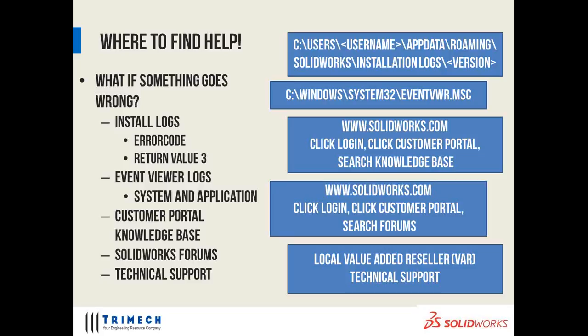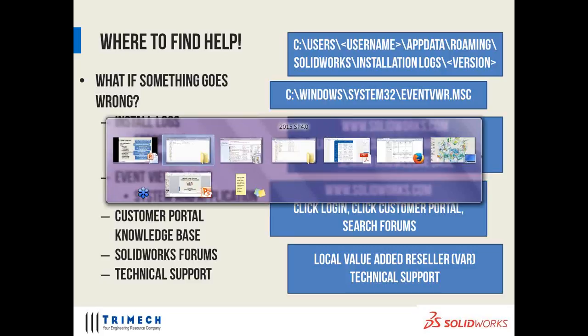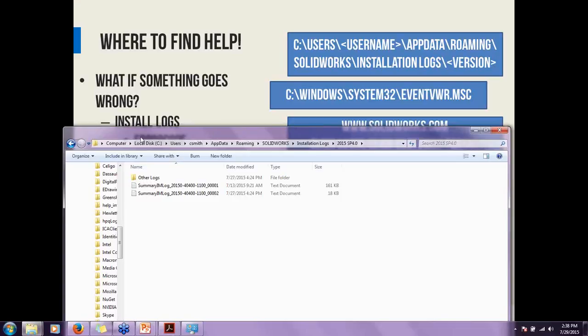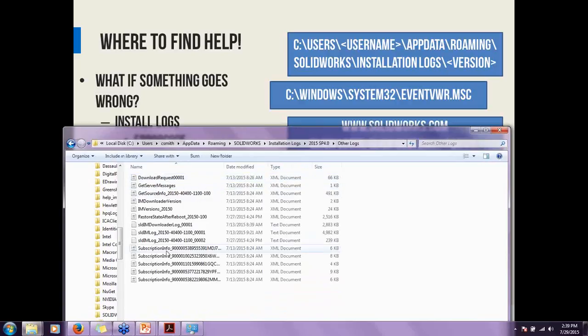So for example, if I did an installation and I had some problems, I would want to go to C users, my user account, app data, roaming, SolidWorks, installation logs, and there's 2015 SP4. In here, I've got two different log files. This is the summary installation manager log. I also have some other logs. In here, we have potentially some more information if there were any kind of problems.